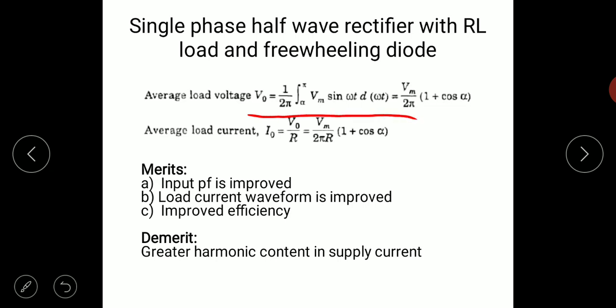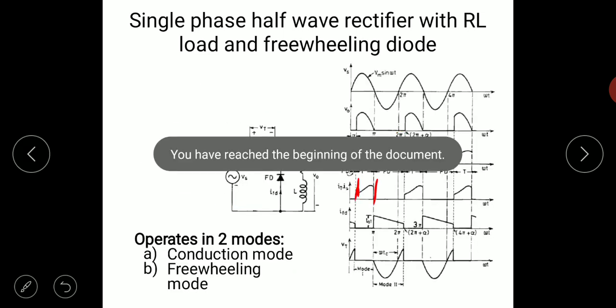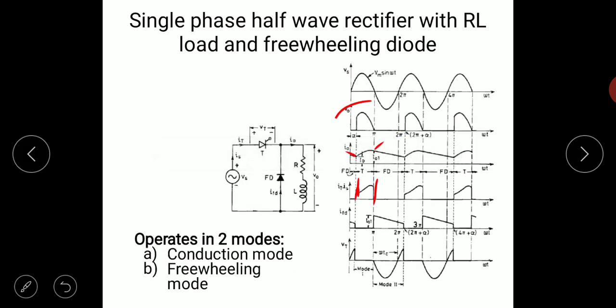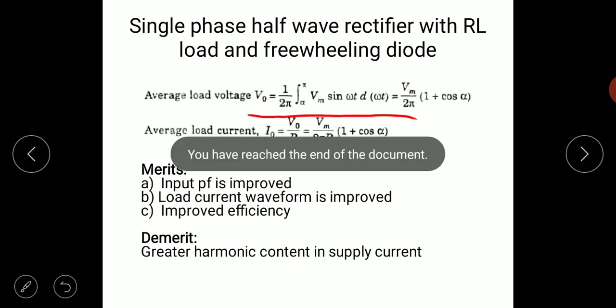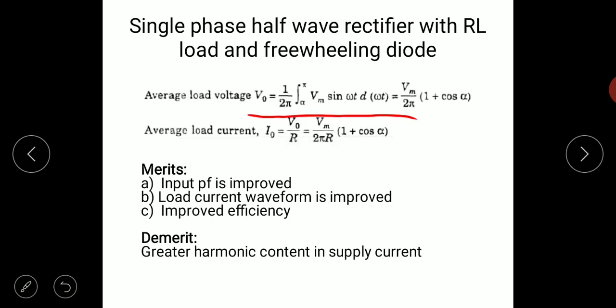You have observed in the waveform that load voltage is available only between alpha and pi. So if we put the integration limit as alpha to pi, and integrate Vm sin omega t with respect to d omega t and divide by 2 pi, that is the time period, we will get our expression Vm by 2 pi into 1 plus cos alpha.